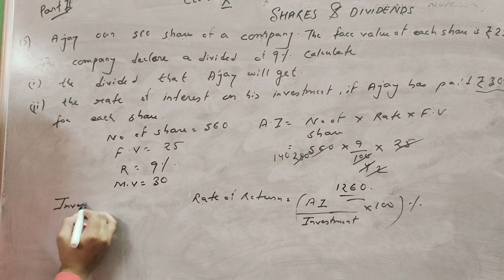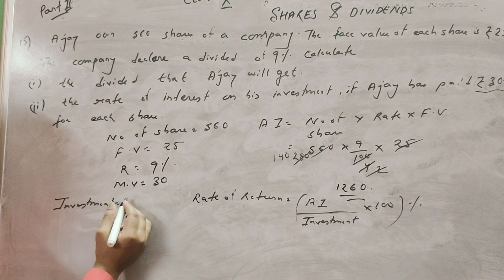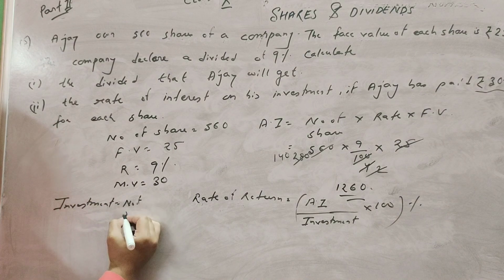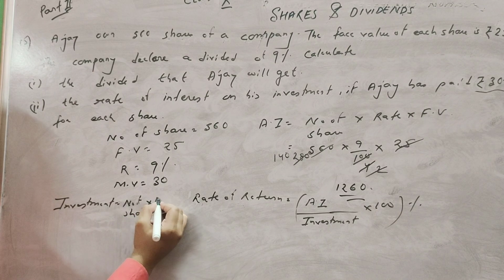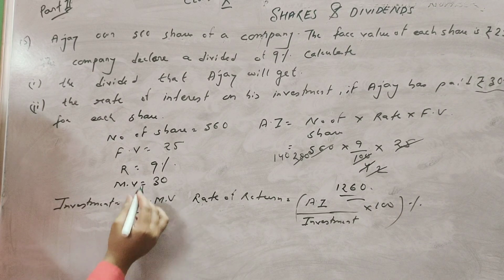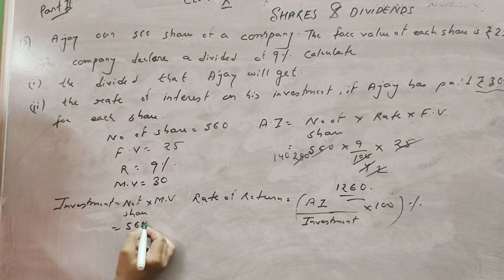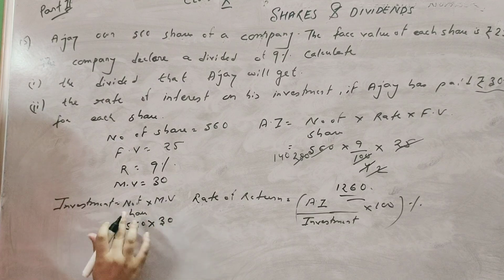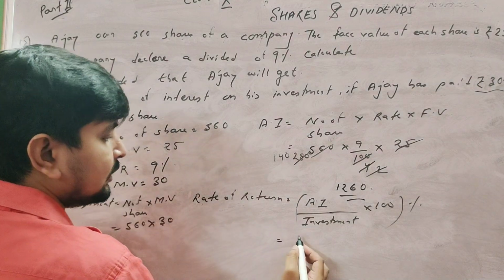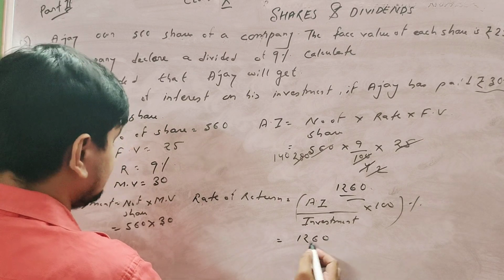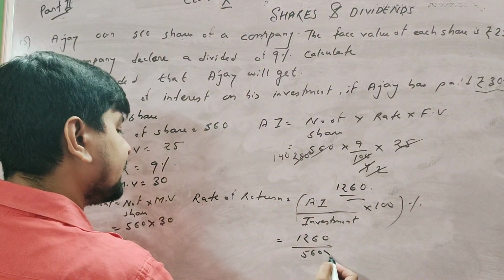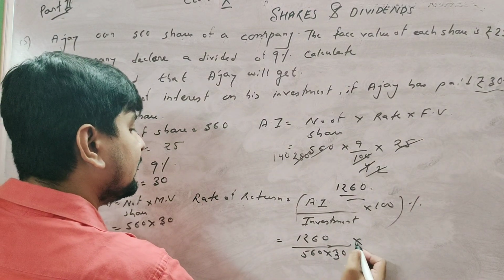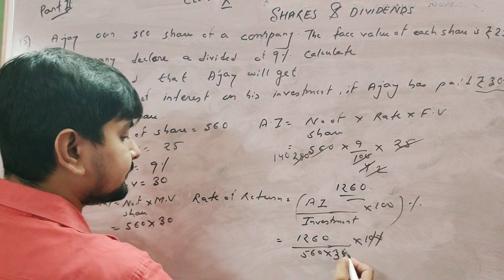The investment formula is number of shares into market value of one share. So number of shares is 560 and the market value is 30. Clear? So annual income is 1260, investment is 560 into 30, into 100.